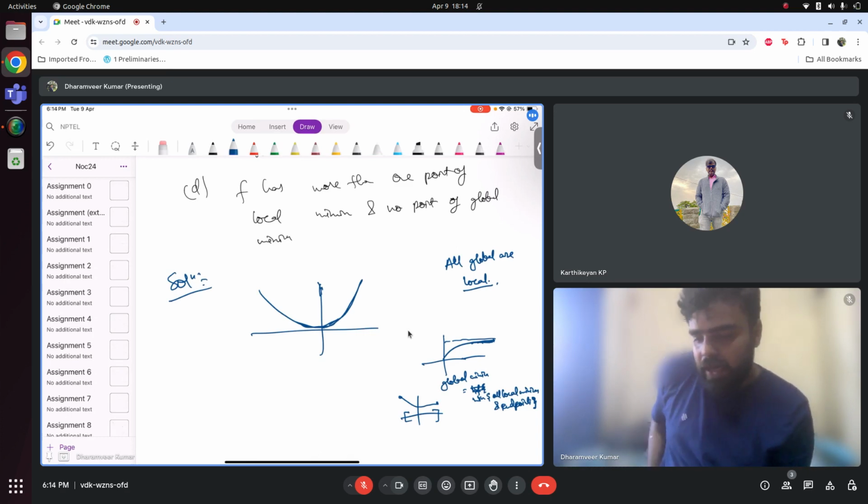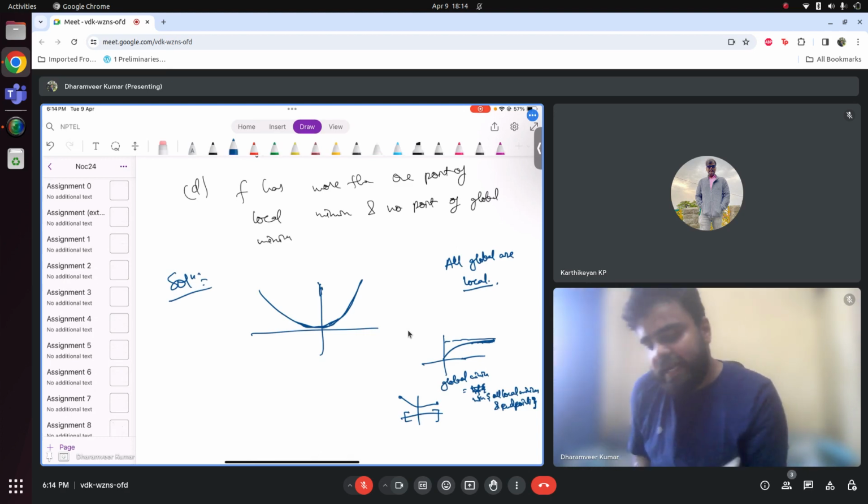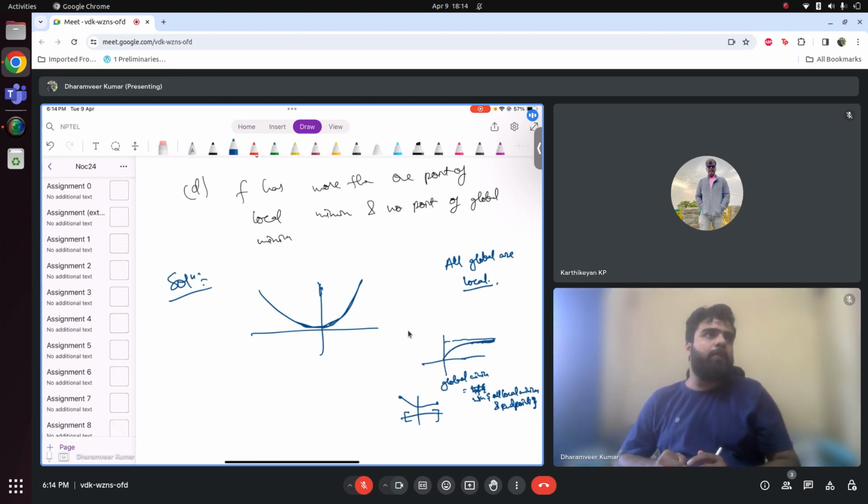A function inside this can have multiple local minimas. Like it could have countable. Can it have countable? Yeah, it can have countable local minimas.